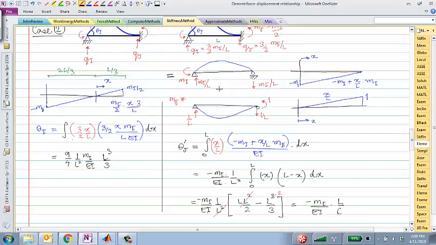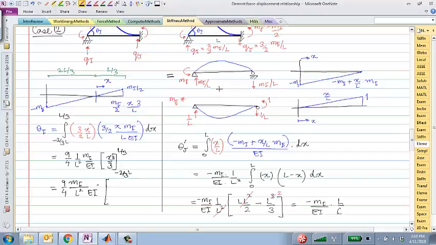So the limits would be minus 2 over 3 L to L over 3. And indeed, the integral would not be L cubed over 3. It is x cubed from minus 2 over 3 L to L over 3, which would be 9 over 4 Mi over L squared EI.